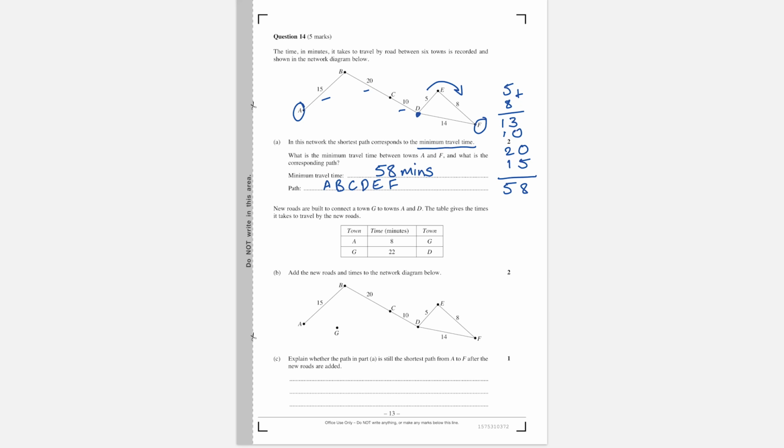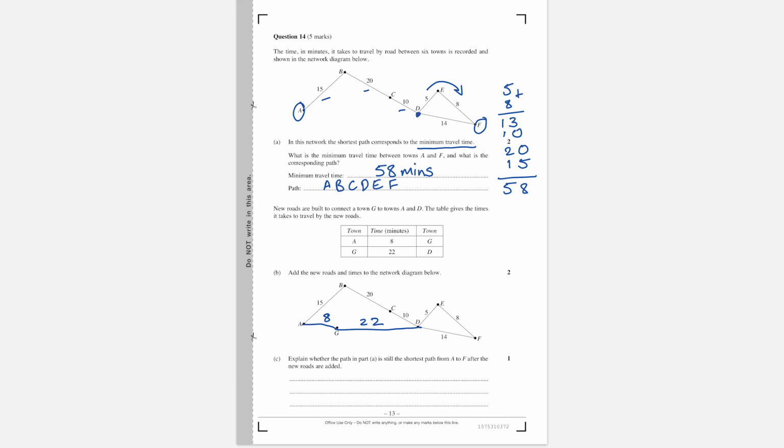All right, next question. New roads are built to connect a town G to towns A and D. The table gives the times it takes to travel by the new roads. Add the new roads and times to the network diagram below. Great. So to get from A to G, it takes us 8 minutes. And to get from G to D, it takes 22 minutes.